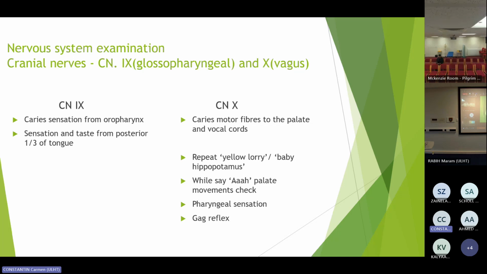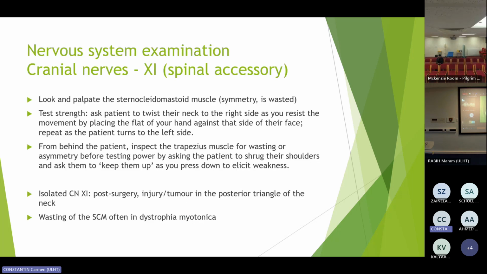Spinal accessory cranial nerve examination is done by inspecting and palpating the sternocleidomastoid muscle. We have to make sure that it's symmetric and is not wasted.